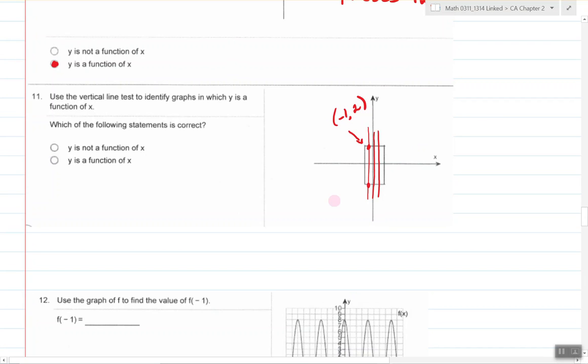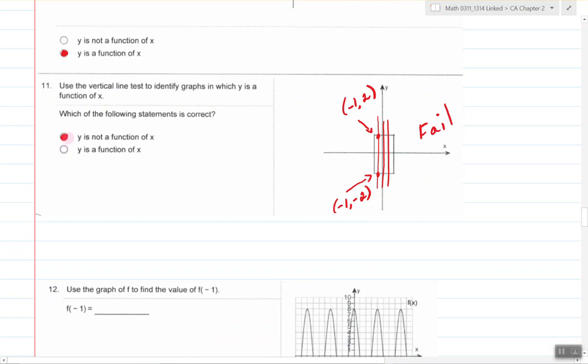It is possible that this is the point -1, -2. Do you see that this x corresponds to 2 different y values? That's what happens when you fail the vertical line test. So this is not a function. If there is even a single vertical line that intersects your graph more than once, it's not a function.